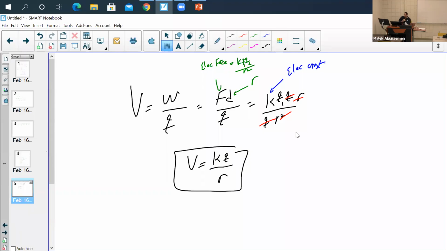Now, your electric constant, let me go ahead and write down the value for it. It's 8.99 times 10 to the 9th power Newton meter square per Coulomb square.